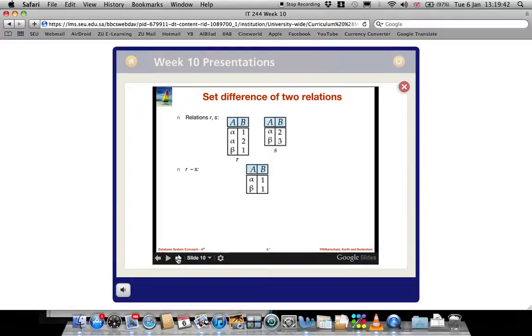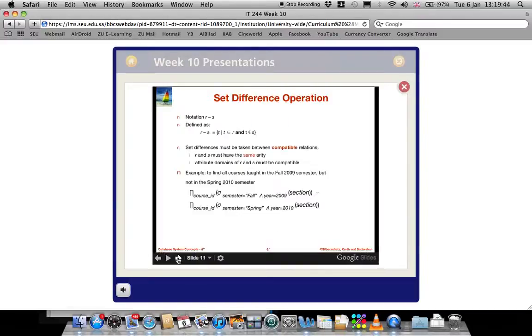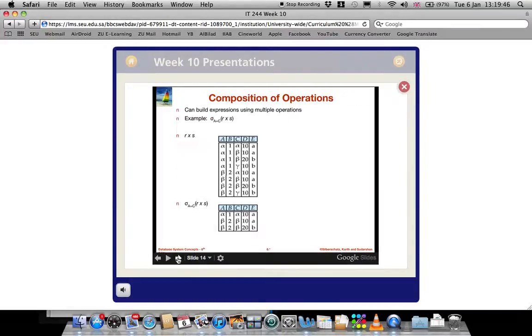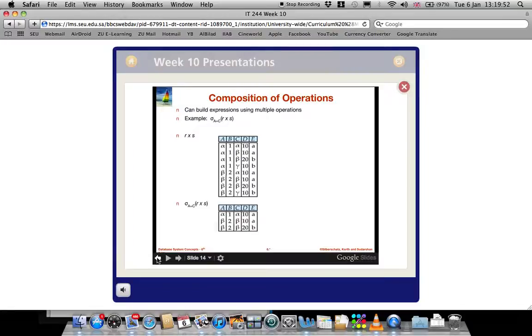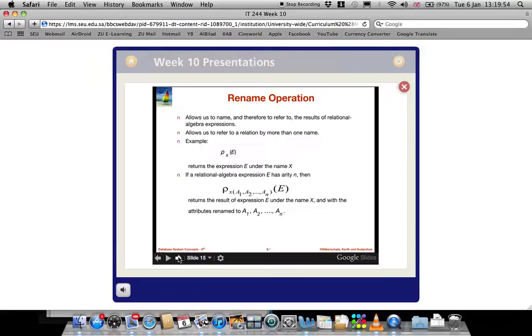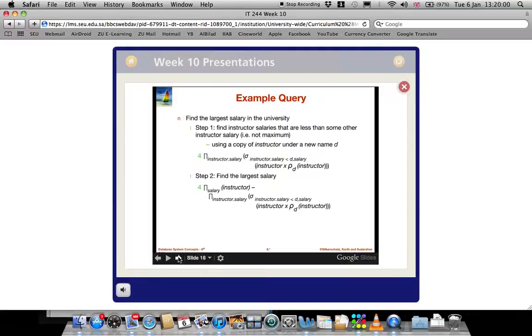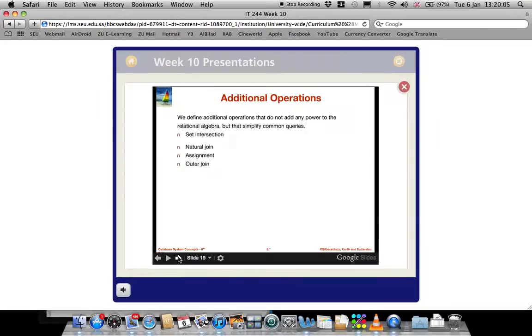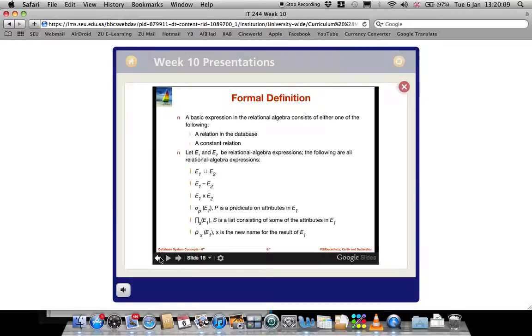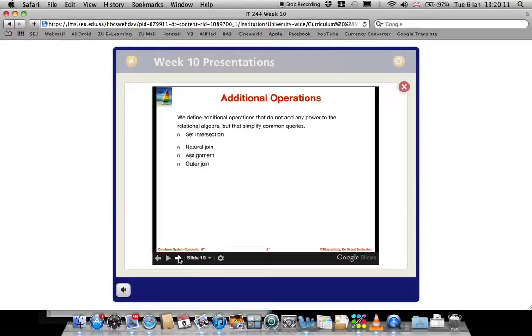So you need to understand all these. Don't worry about the rename operation or composition. You don't need to worry about this slide. This is just definitions, so it's okay.